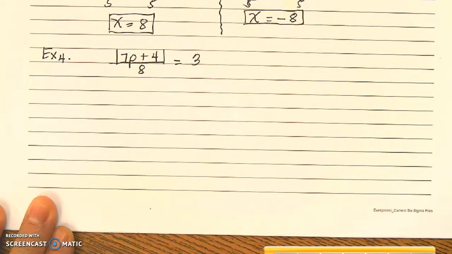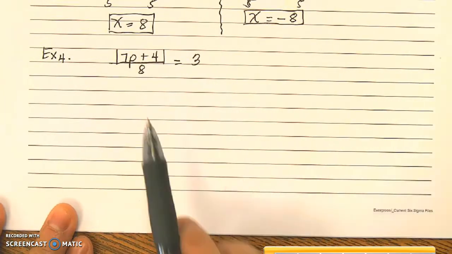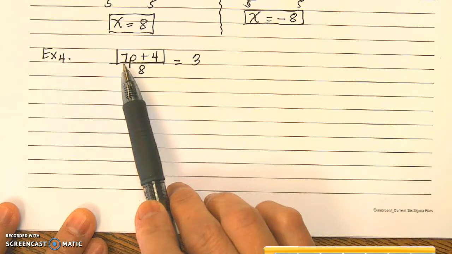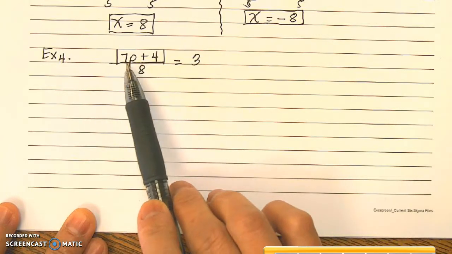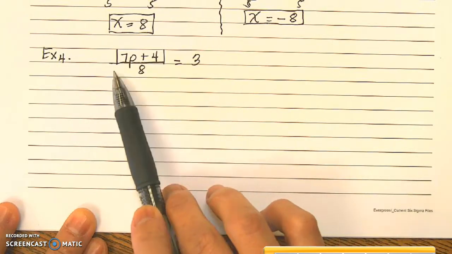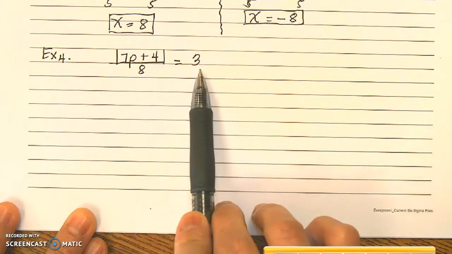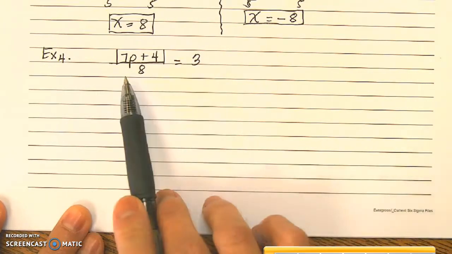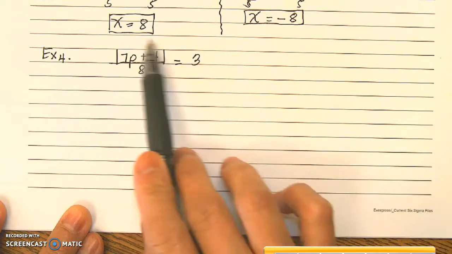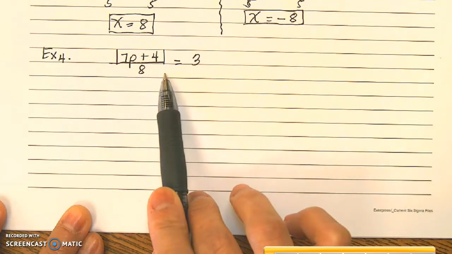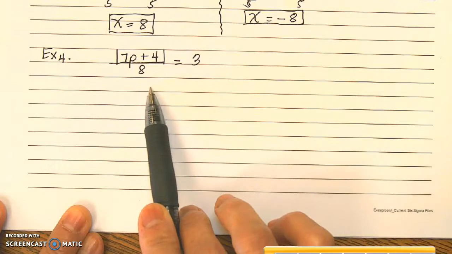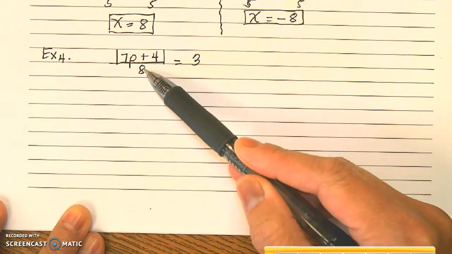So for example number 4, I have absolute value of 7p plus 4 over 8 equals 3. So once again, you cannot solve this unless this side is purely an absolute value expression. So this one has to be removed.